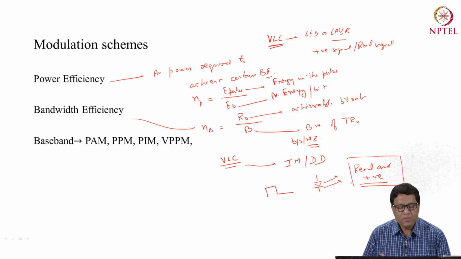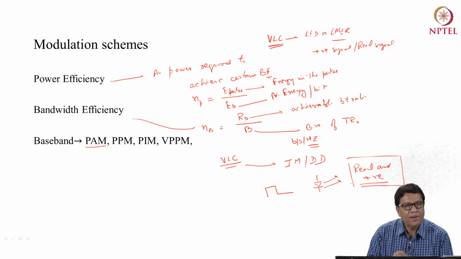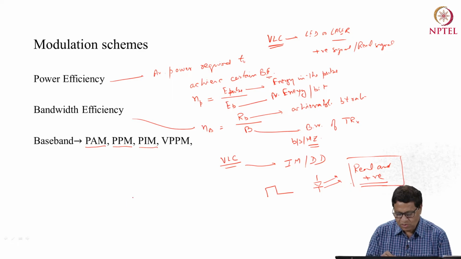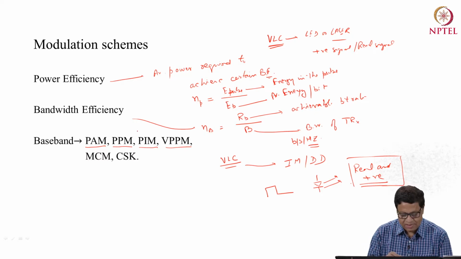Under these modulation schemes, we will discuss some baseband modulation techniques such as pulse amplitude modulation, pulse position modulation, pulse interval modulation, and also variable pulse position modulation. Subsequently we will discuss multi-carrier modulation like OFDM, and also color shift keying.